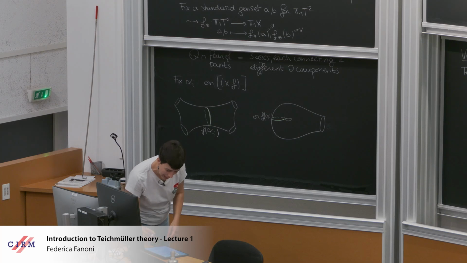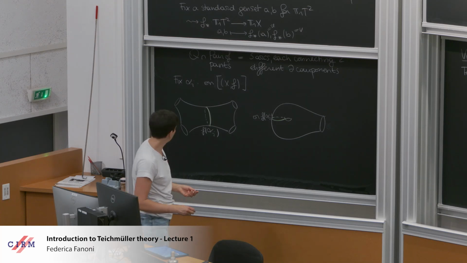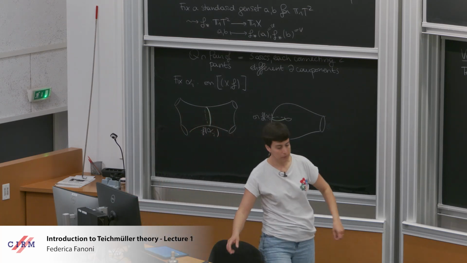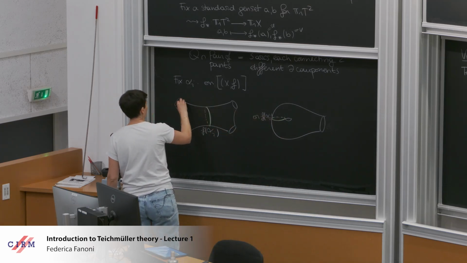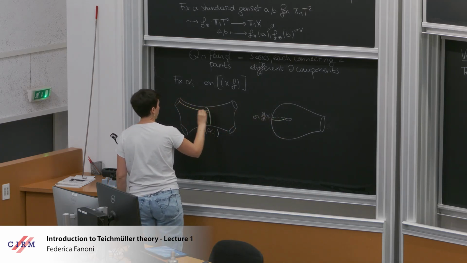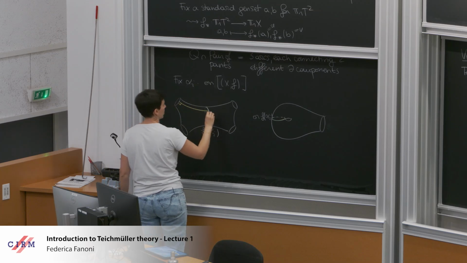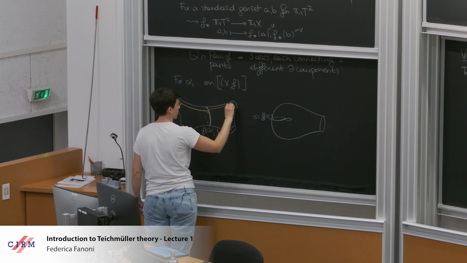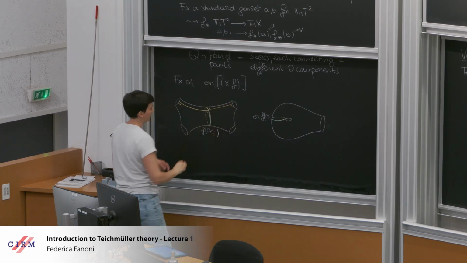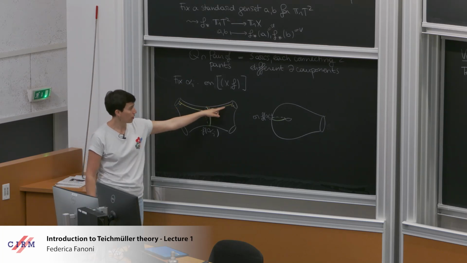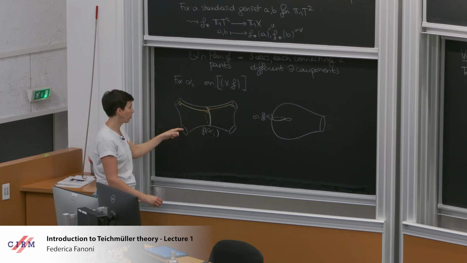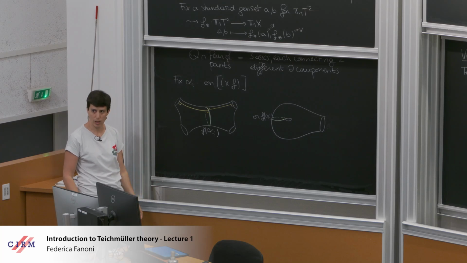And so what happens is the following. First of all, you can always pick two orthogonal arcs. So now this is a hyperbolic surface. There exist hyperbolic arcs, and they are unique, joining two different boundary components or the same boundary component to itself.